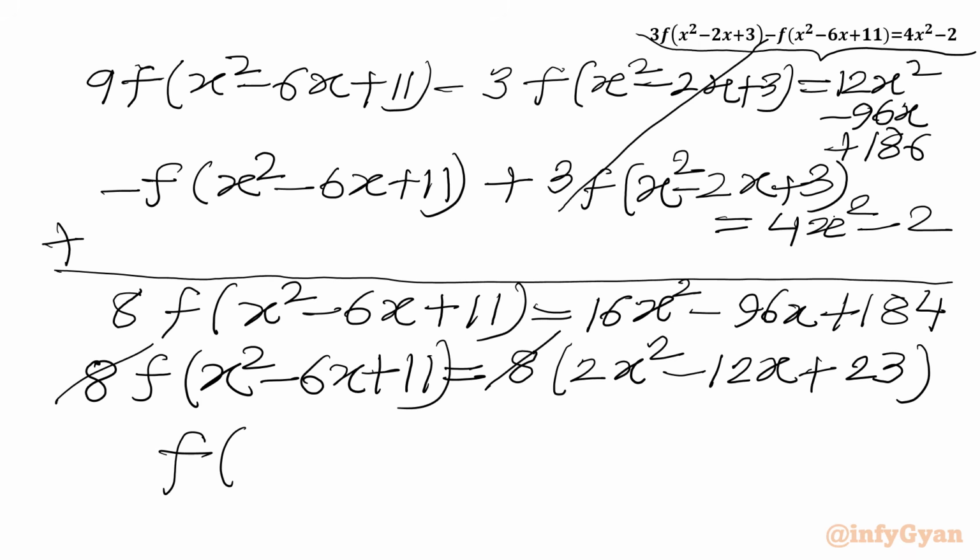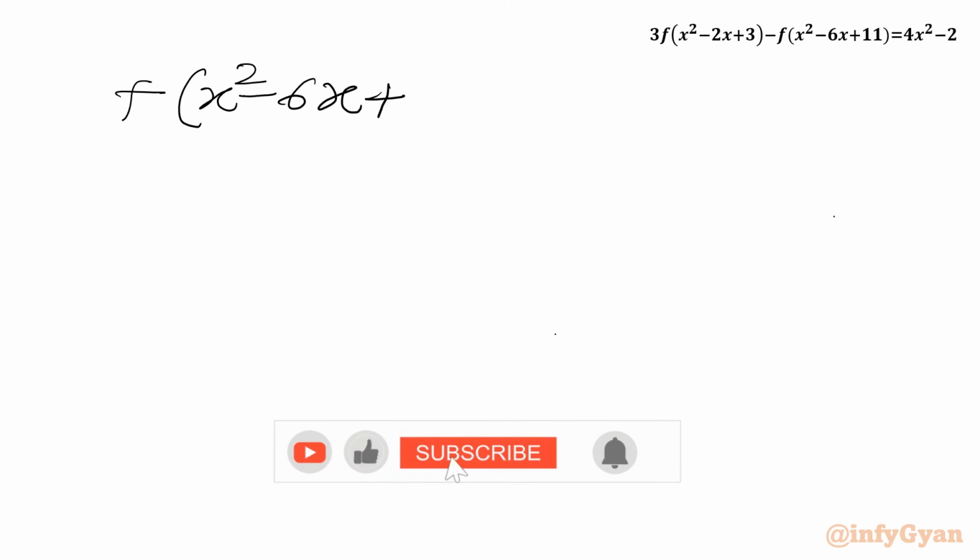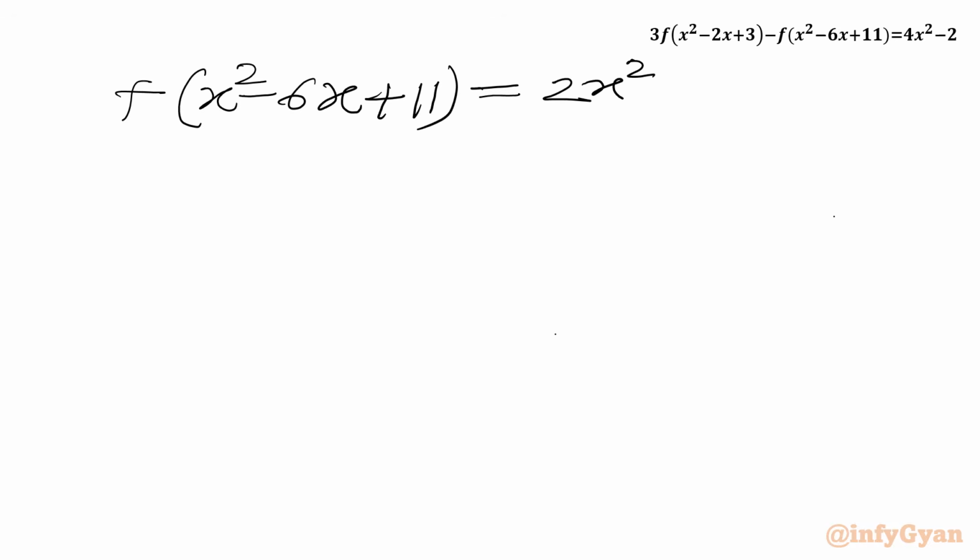So finally we have f of (x² − 6x + 11) equal to 2x² − 12x + 23. Now we can write 23 as 22 + 1. So we will write here f of (x² − 6x + 11) equal to 2x² − 12x + 22 + 1.